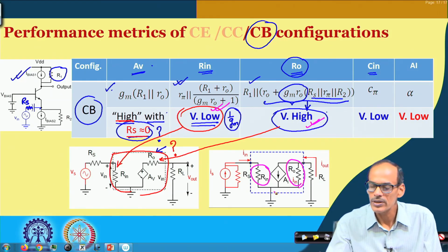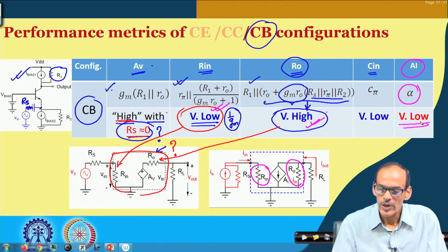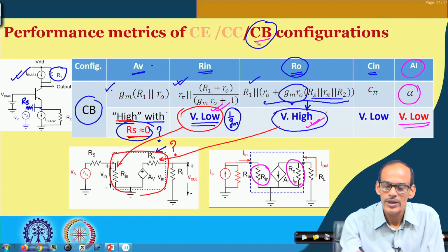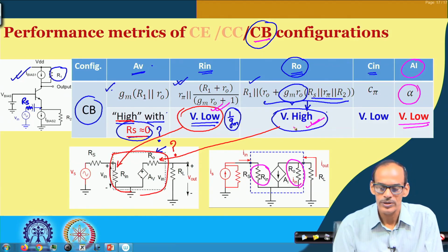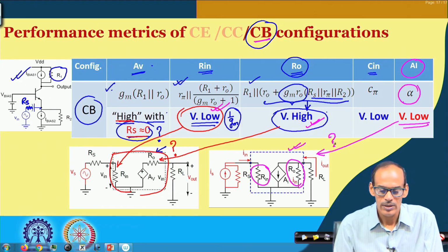But unfortunately, its gain is alpha and it is very low, theoretically less than 1, though close to 1. So, again CB's input and output impedance favor a current mode amplifier, but unfortunately its current gain is low, which makes its use questionable.